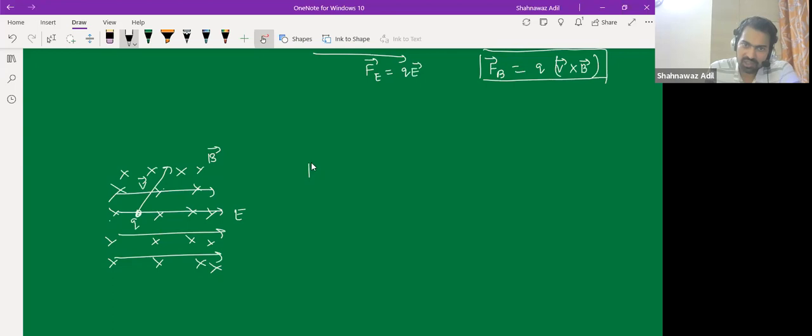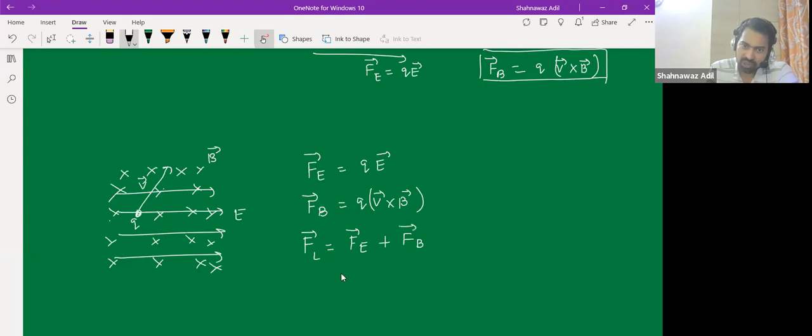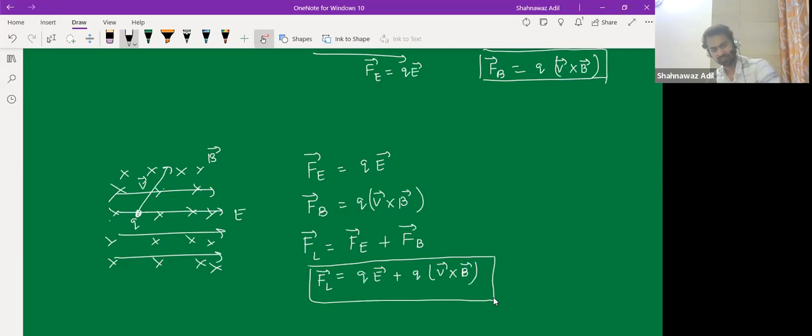It will experience the electric force, which is QE, and the magnetic force, which is QV cross B. So then the Lorentz force would be the electric force plus the magnetic force, equal to QE plus QV cross B. This is what we call the Lorentz force. Is this clear, guys?